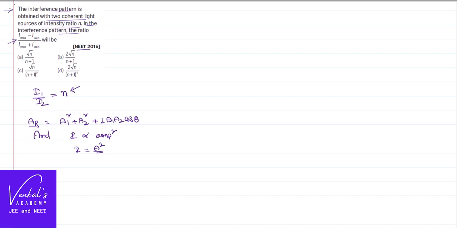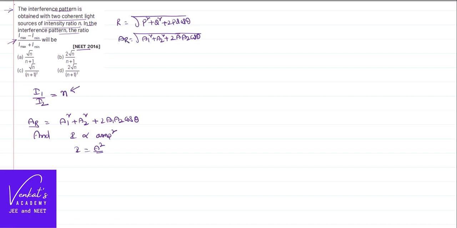It's actually the resultant square, because the resultant of two vectors R can be written like root of P square plus Q square plus 2PQ cos theta. In the place of P and Q, you write the first amplitude and the second amplitude, plus 2A1 A2 cos theta.